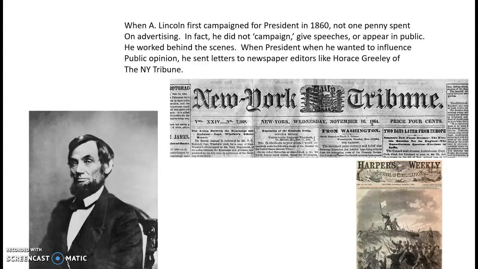Okay. So, continuing with our history of newspapers. In the prime time of newspapers, and I showed you this, I think, before, when Abraham Lincoln, that's him on the left there, first campaigned for president in 1860 as the unlikely nominee of the then Republican Party, which was a new political party.